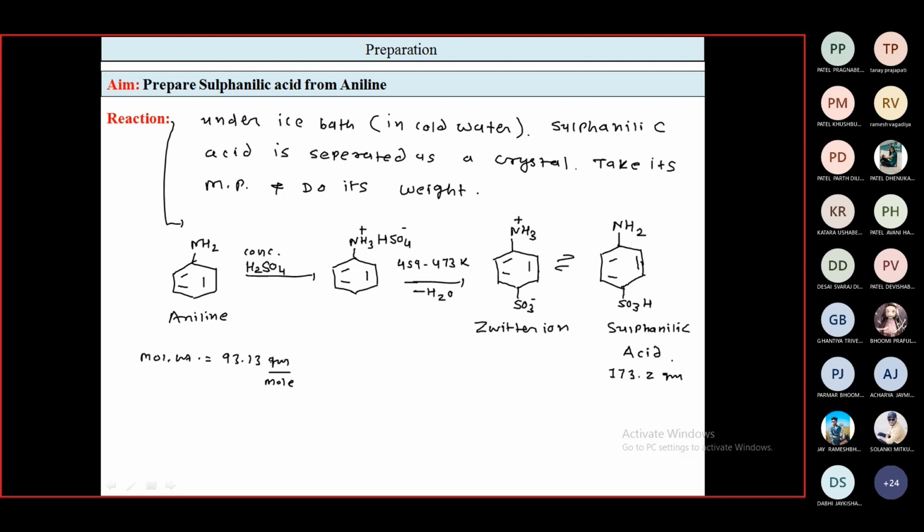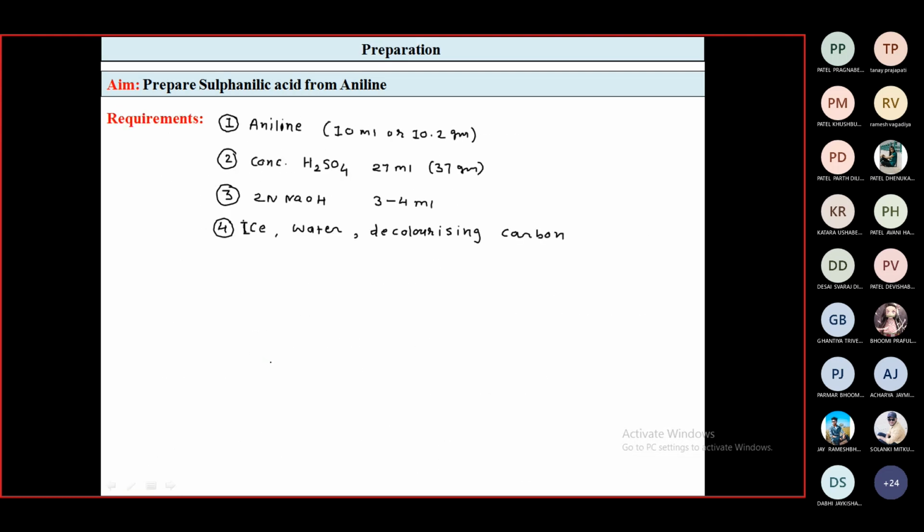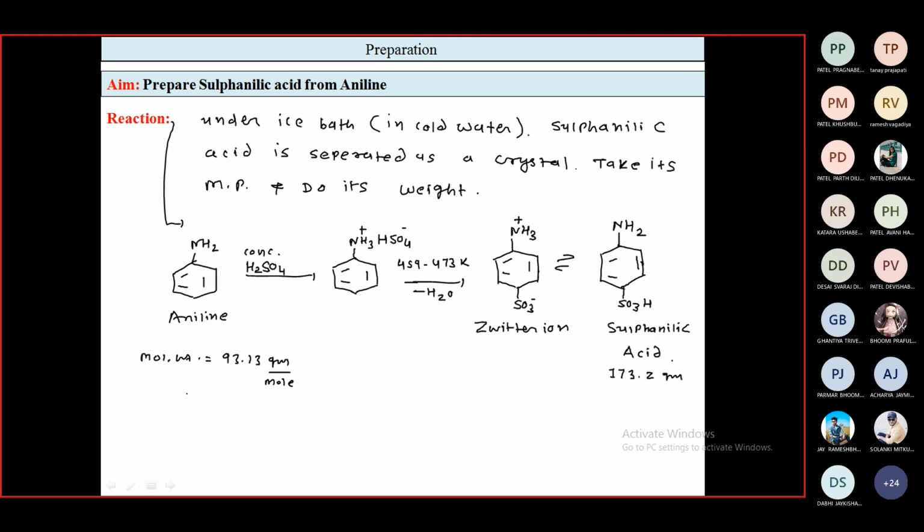You started the reaction by taking 10.2 gram aniline, so you can calculate theoretical yield in this way.